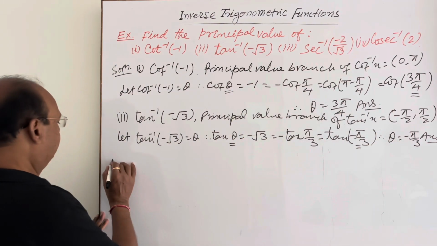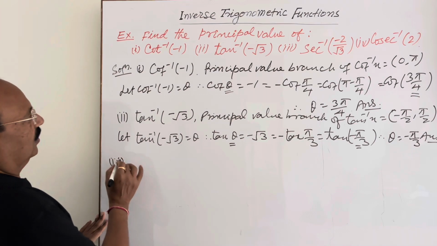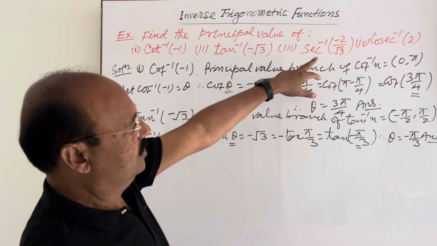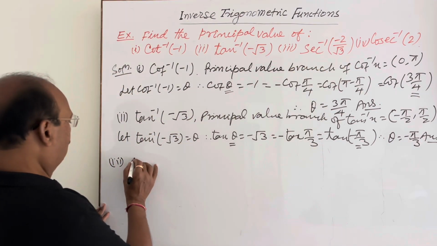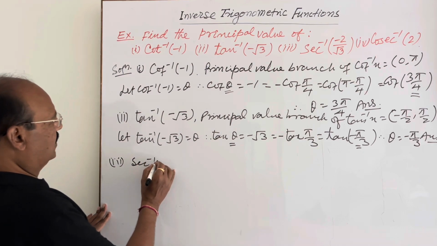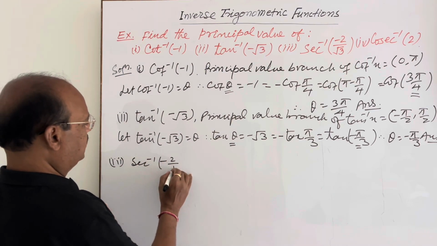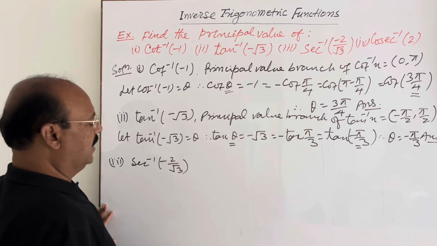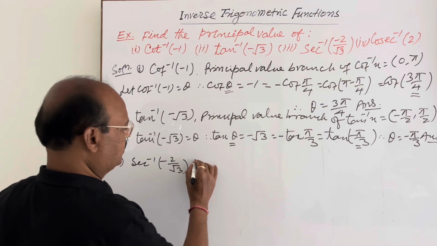And the next question, third: sec inverse of -2/√3. What is the principal value branch?